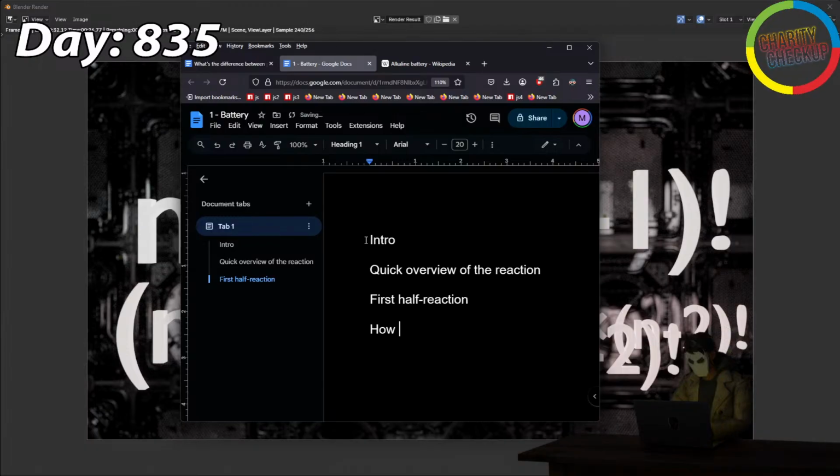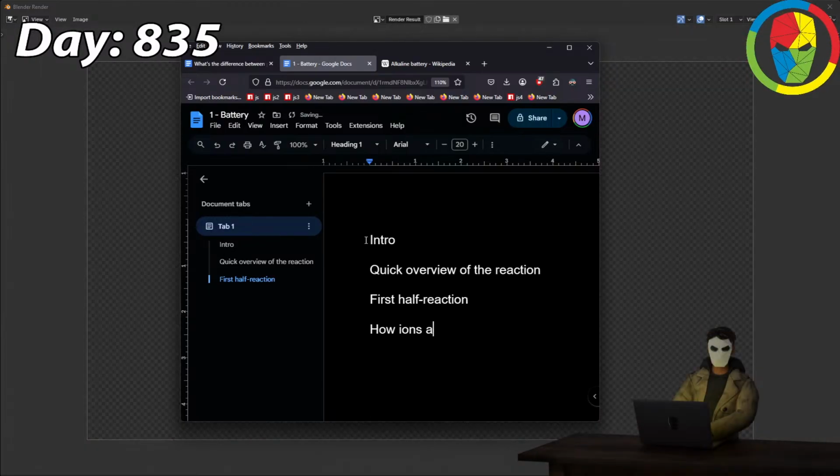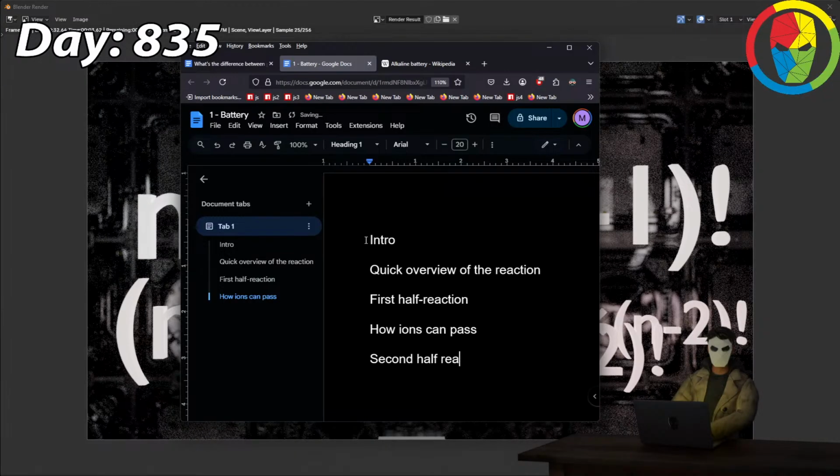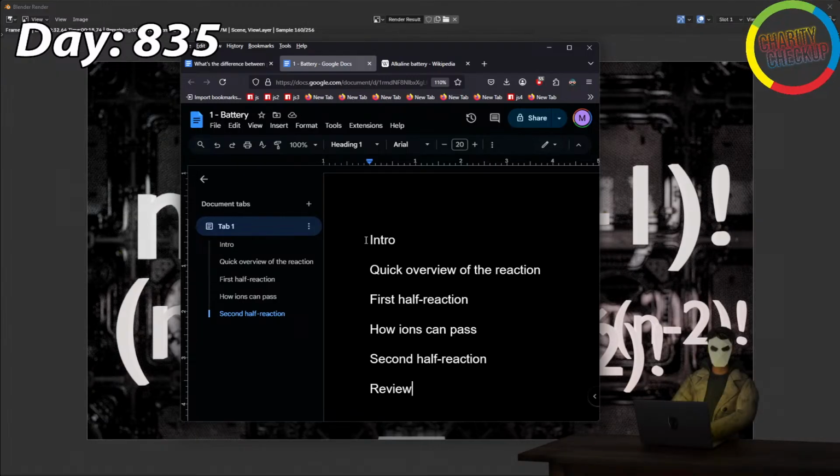How ions can pass, second half reaction, then a review. It shouldn't be too long. I don't want to stretch it out for no reason. No, it won't be too long. It'll be reasonably paced.